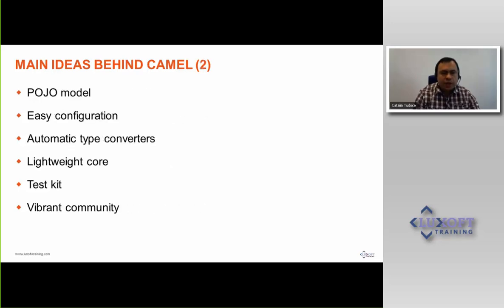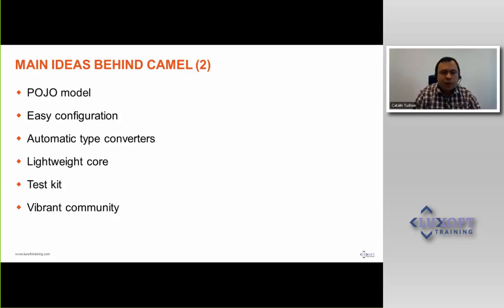Also, it relies on the POJO or on the bean model. You know what beans are in Java. They are classes that can be reused, and we will also show how we can use these POJOs for our integration. It is also easily configurable.